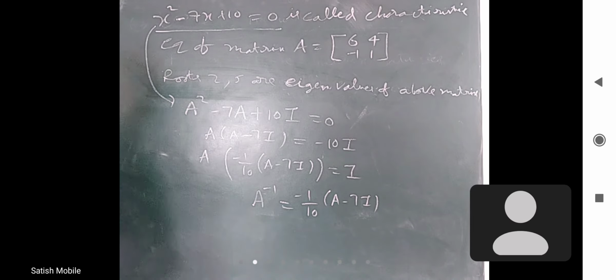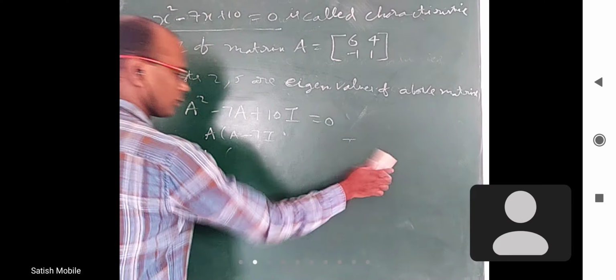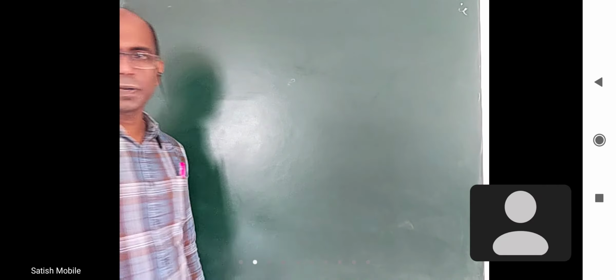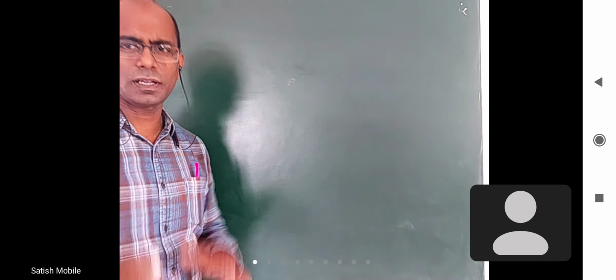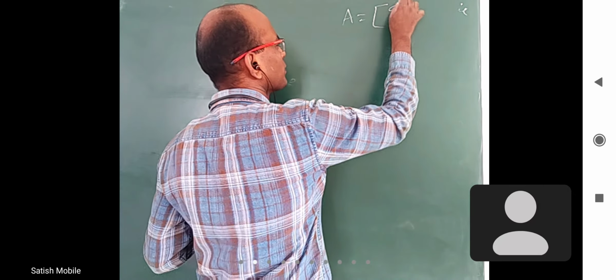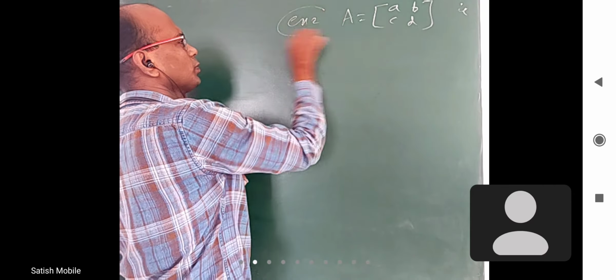Alright, so I am going to erase this whole thing. Now what we will do, instead of taking some numbers, let us do it for a general matrix. I will write as far as possible, otherwise I will turn the camera. If I take A equal to [a b; c d], this is another example, example 2.